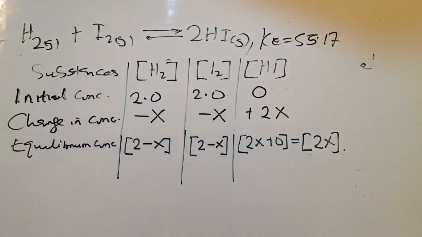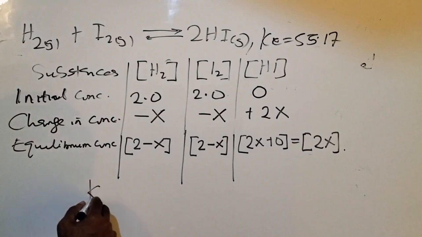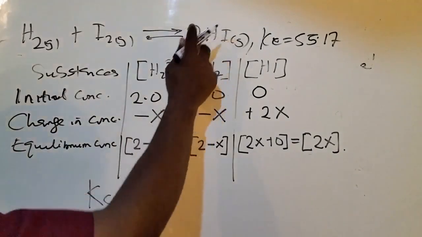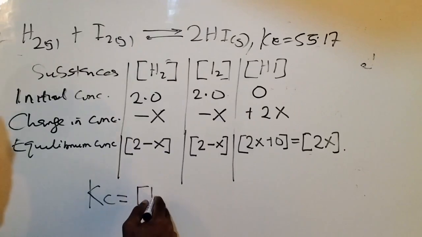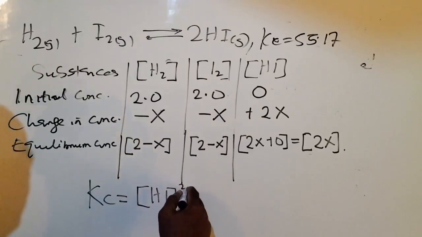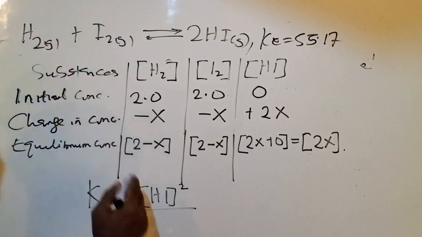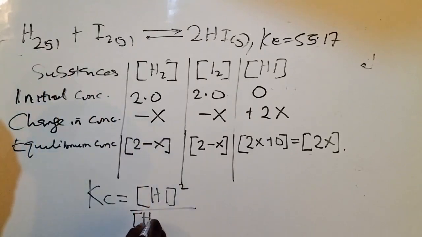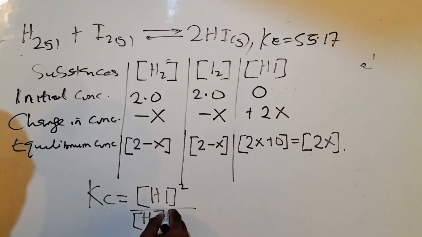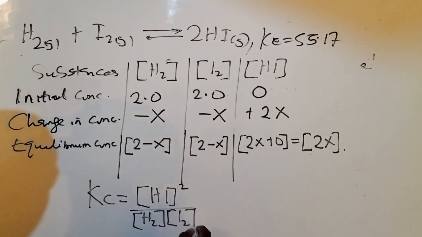So, having done that, we can now write our equilibrium constant expression given as Kc equal to the concentration of the product, that is hydrogen iodide, raised to power 2, over the concentration of the reactant, hydrogen, multiplied by that of iodine. That's the equilibrium constant expression. Having obtained that, we can make our substitution.